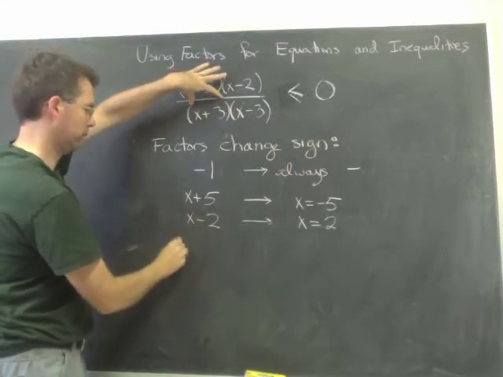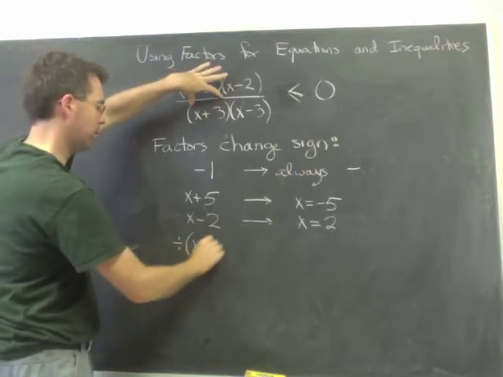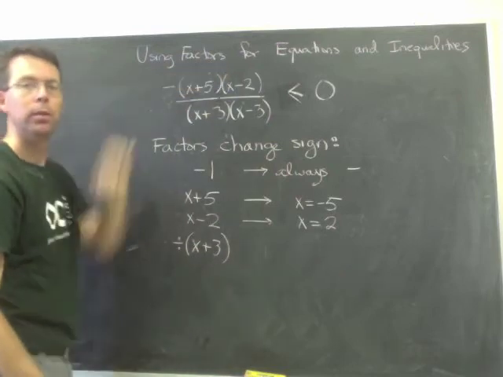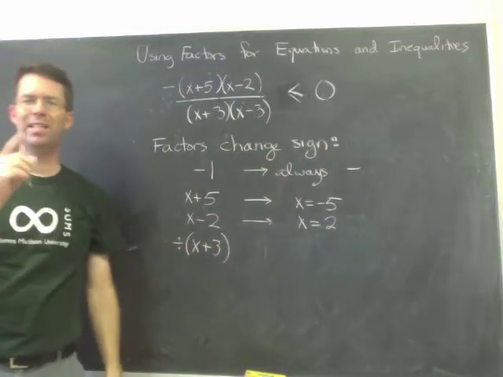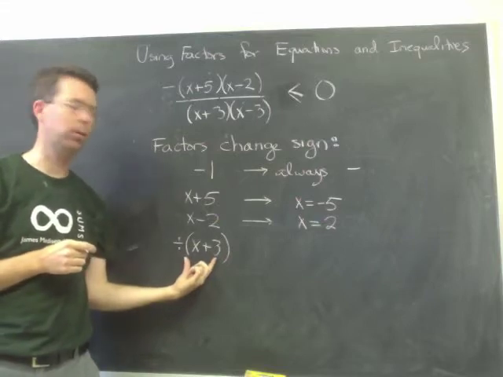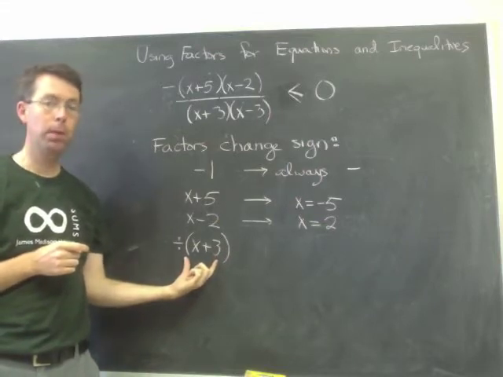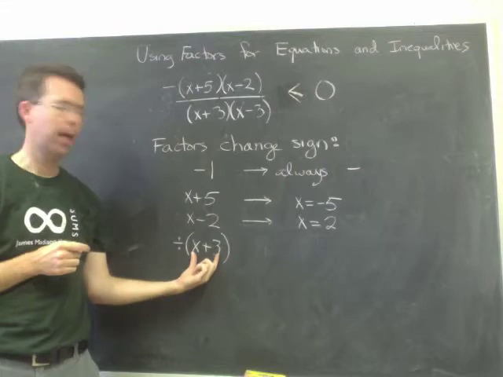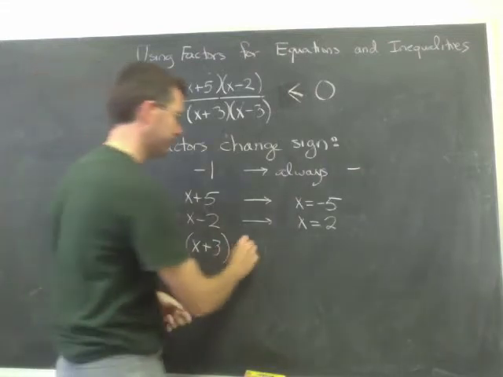Now, to divide by x plus 3, it's never actually equal to 0 because 1 over something can never equal 0. But it changes sign at x equals negative 3.